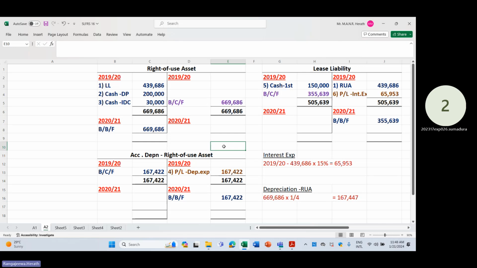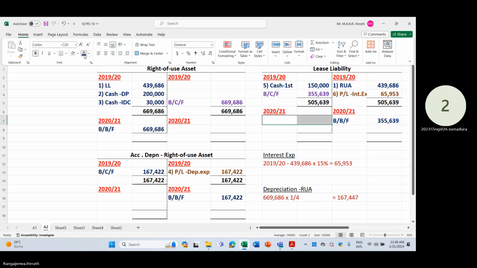Right. Now the second year, we are paying 150,000.